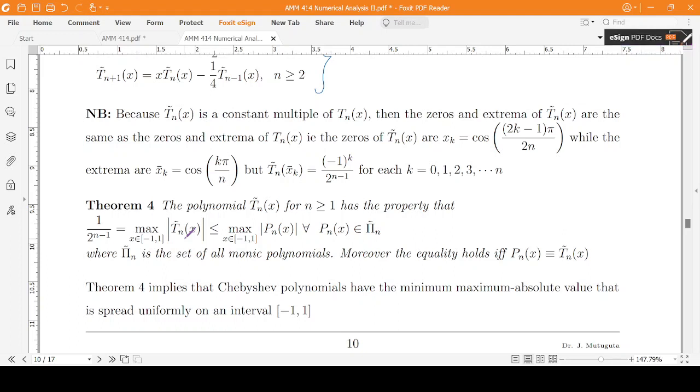And this one is less than the maximum of any other polynomial in that interval.